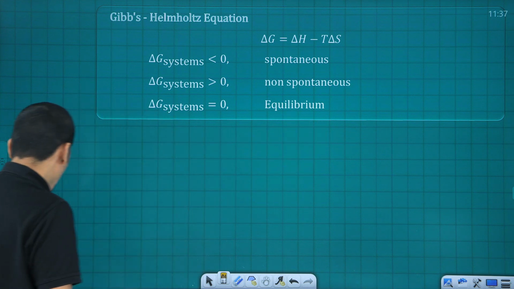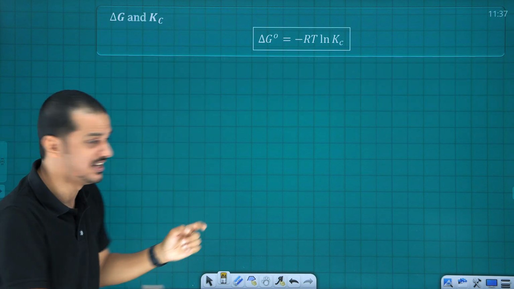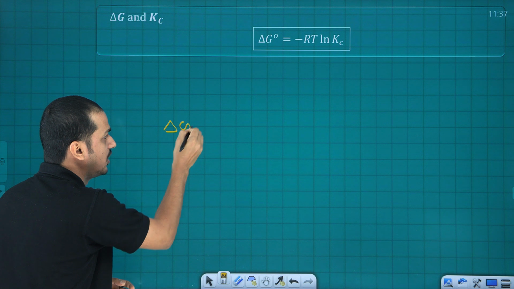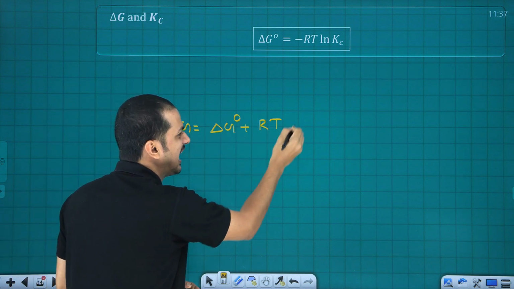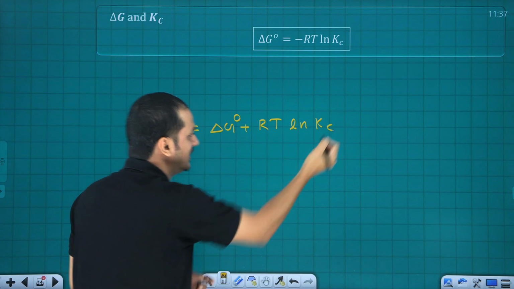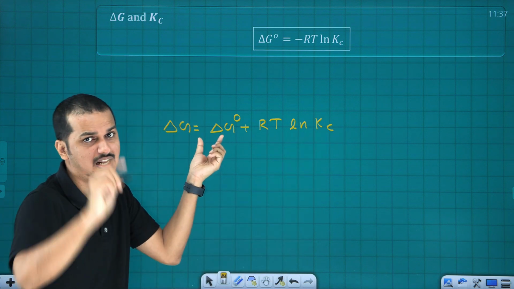Clear? Yeah. We can go to the next idea, the relationship between delta G and Kc. The relation is delta G equals delta G0 plus RT ln Kc. Here delta G means the Gibbs free energy change, and delta G0 is the standard Gibbs free energy change.